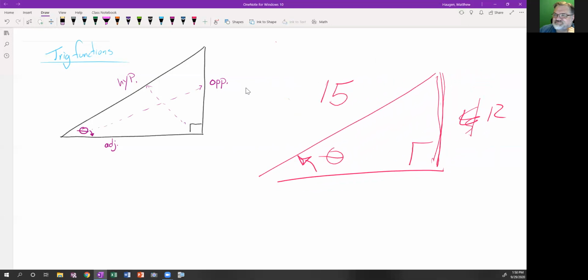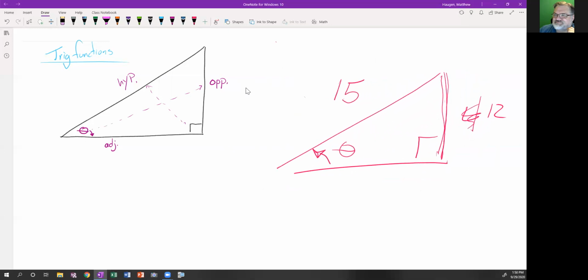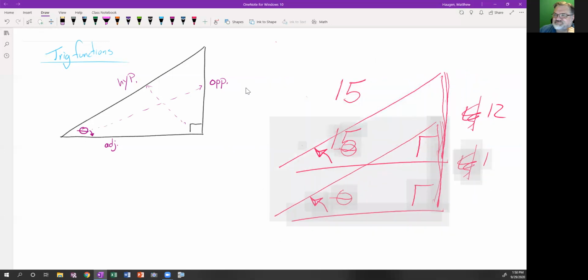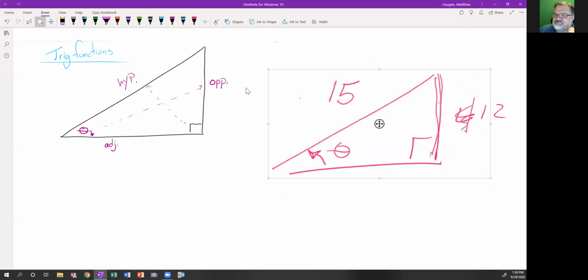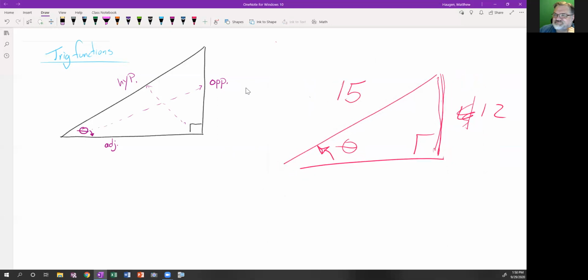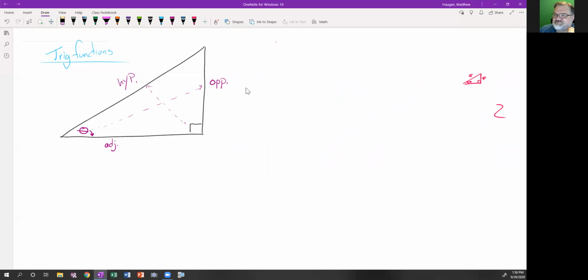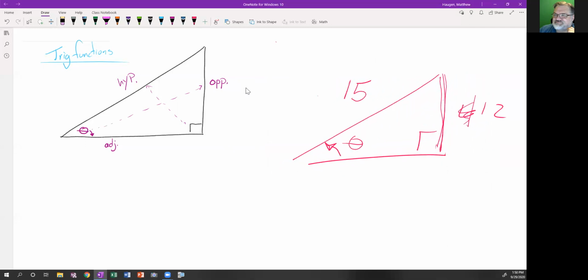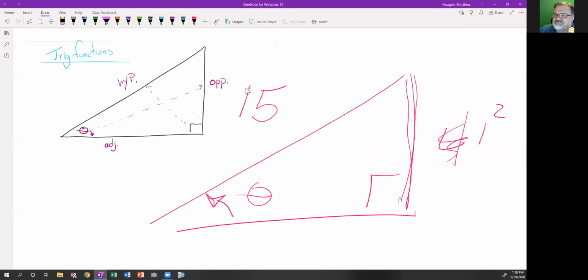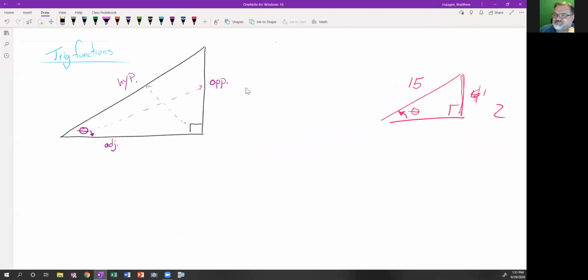At any scale, that ratio between the opposite length and the hypotenuse will stay fixed regardless of how big or small the triangle is. And that should seem reasonable. If I make this triangle twice as big, both the opposite length and the hypotenuse grew by the same amount.